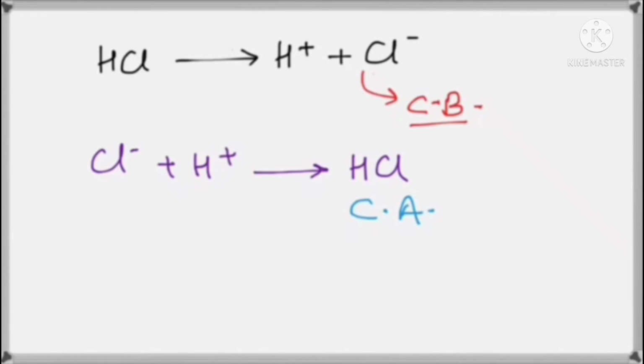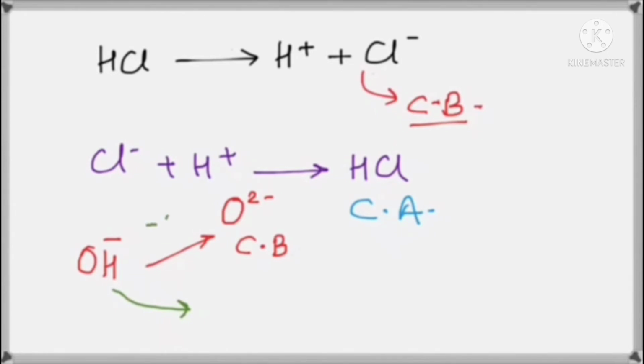Let's say I ask you to draw the conjugate base of OH minus. So to get the conjugate base, what you need to do is remove an H plus, and so you will get O2 minus. And in the same question, if I ask you to draw the conjugate acid of OH minus, then what you do is you add an H plus.